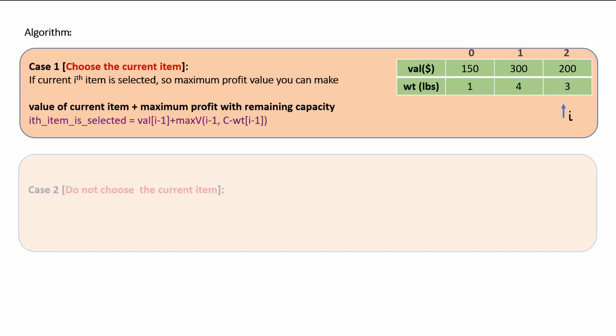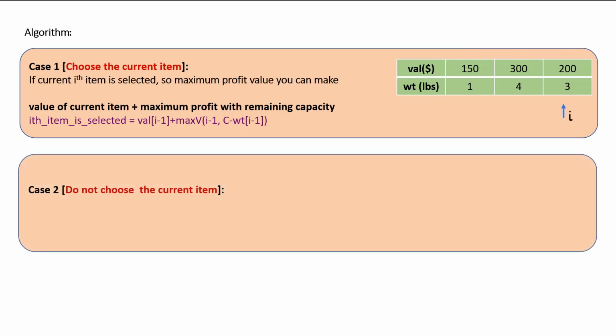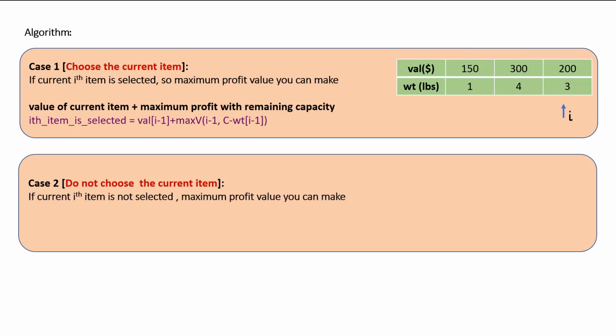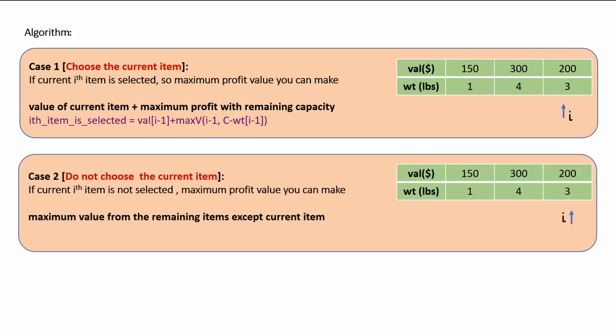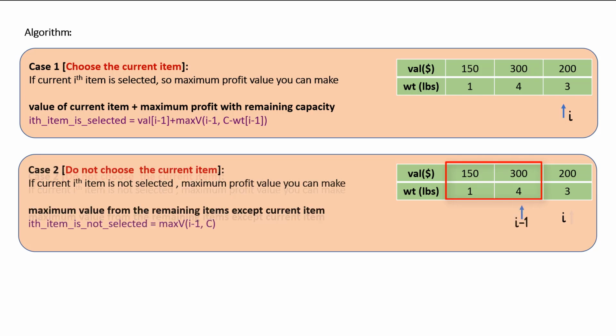In the second case, if you do not choose the current item, so if the current ith item is not selected, the maximum profit value you can make is, so this is the array, guys, and if this current item is not selected, the maximum value you will make is the maximum value from the remaining items except the current item, which can be written something like this.